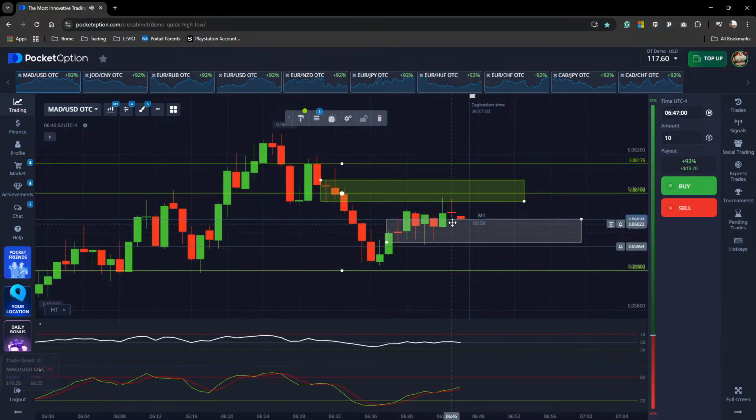Oh, I was lucky there. Coming down like that, that's going to happen. But I was expecting a tie. But because of the gap down of the next candle, it gave me the win. So let's finish this on a high note.